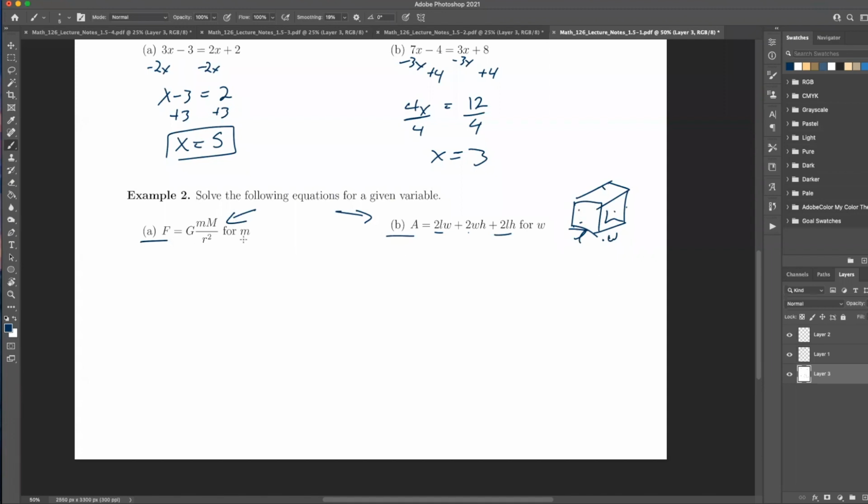This is the gravitational force. You'll see this one in your physics class eventually. The force of gravity is equal to the gravitational constant, the mass of the larger object, usually the Earth, the mass of the smaller object, and the radius between them.